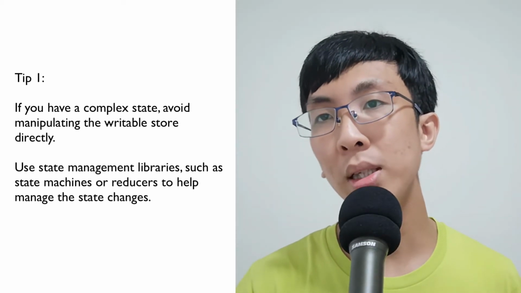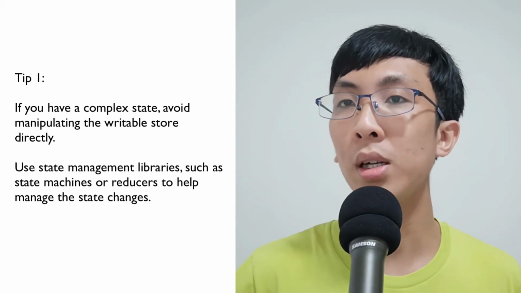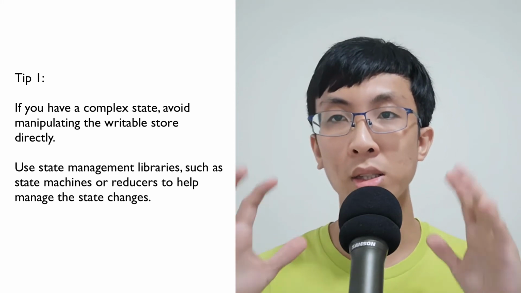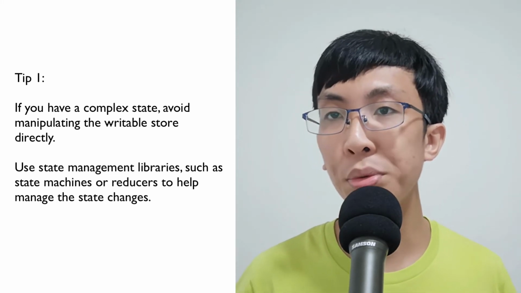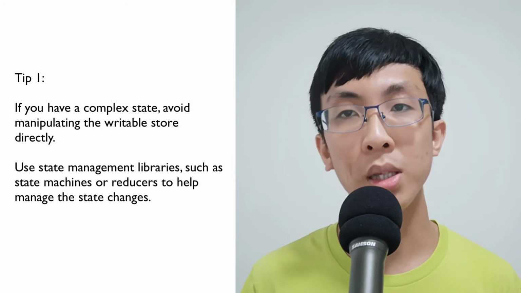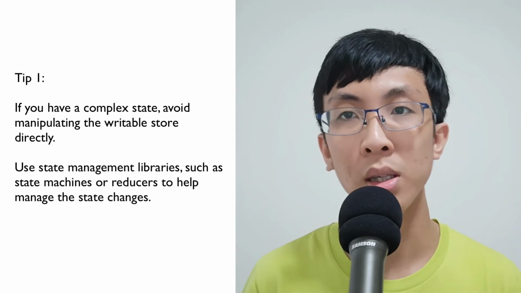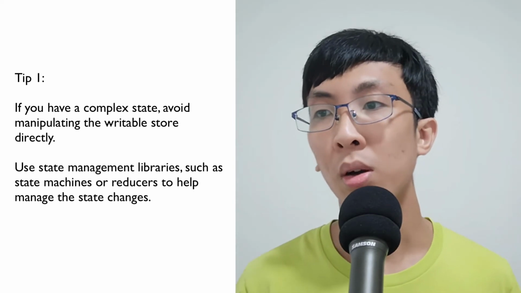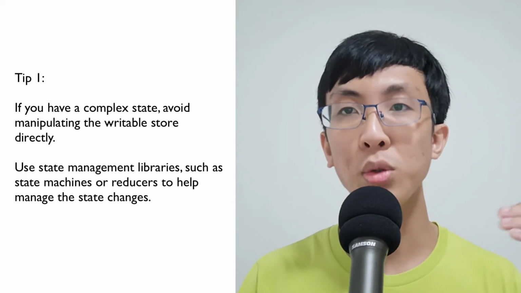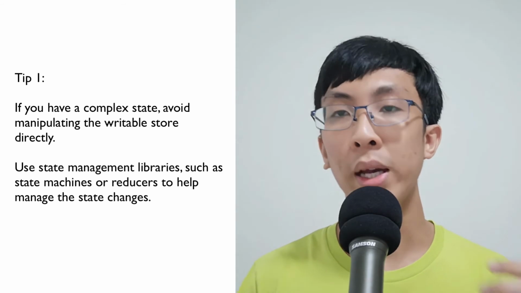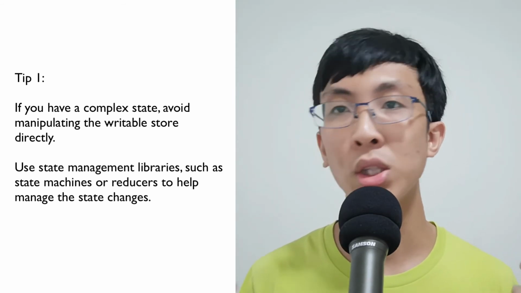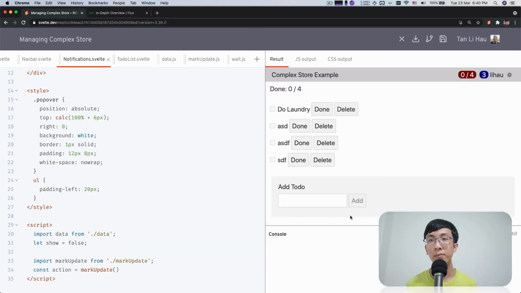So tip number 1 is, if you want to have a complex store that has complex logic, it's better to use some state management libraries or write your own reducer kind of thing or state machine kind of thing to manage your store. Or else it will be a huge mess if you allow any component to make changes to the store directly.